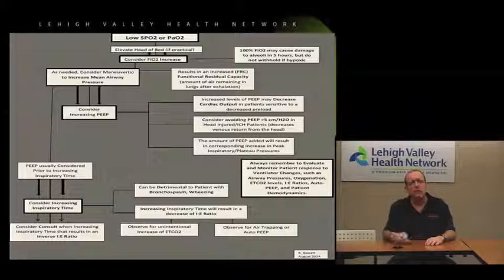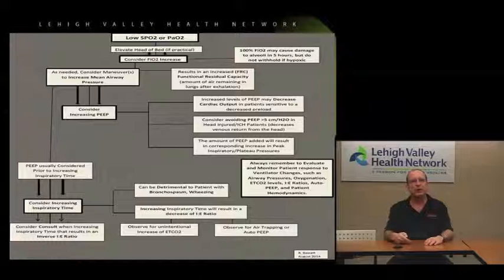So we're having a hard time maintaining oxygenation. So we talked about increasing our FiO2 again. We go down here. Usually the first thing we're going to do in most cases, unless they're on extraordinarily high levels of PEEP, is we're going to increase the level of PEEP.